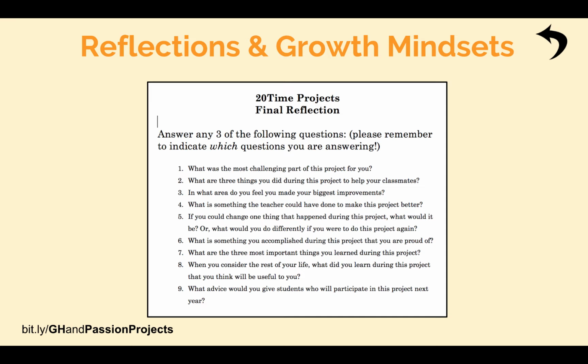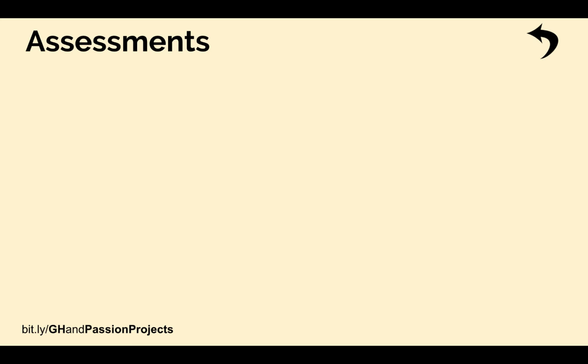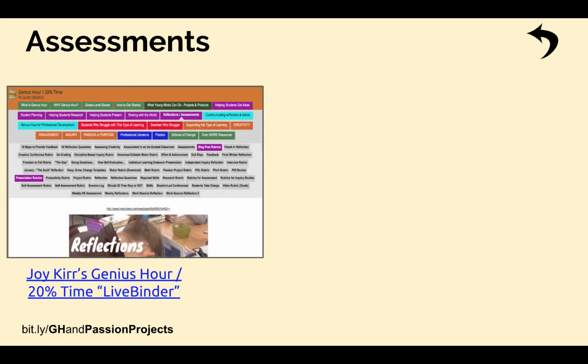At the end of the project, it's important to reflect back on what took place and the kind of journey that they went through. If you're looking for more assessments, Joy Kerr online has a website that is what's called a live binder, and there are all sorts of assessment suggestions here.